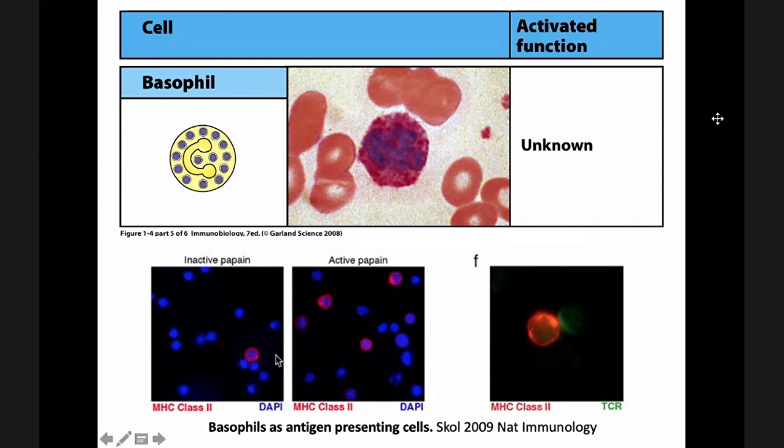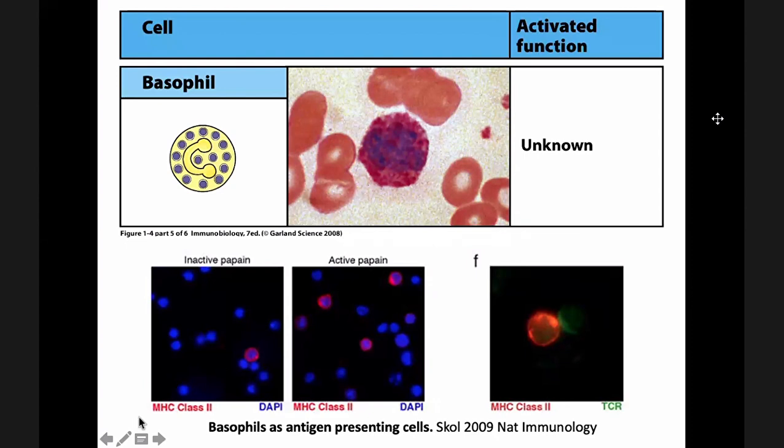These are those cells. They express a lot of MHC class 2 on the surface, and when you give this antigen, they upregulate it even more. So they are not expressing this MHC class 2 constitutively, but once they take up antigens, they tend to express MHC class 2.